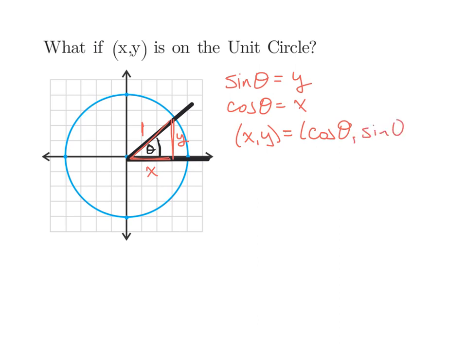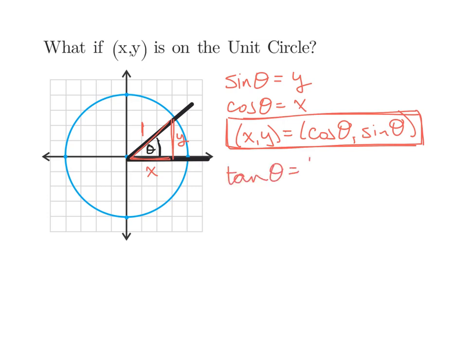So the x-coordinate is always the cosine, and the y-coordinate is always the sine. Furthermore, when we're talking about tangent, the tangent is opposite over adjacent. That gives us a nice result as well, that the tangent is going to be the y-coordinate, sine, divided by the x-coordinate, cosine.